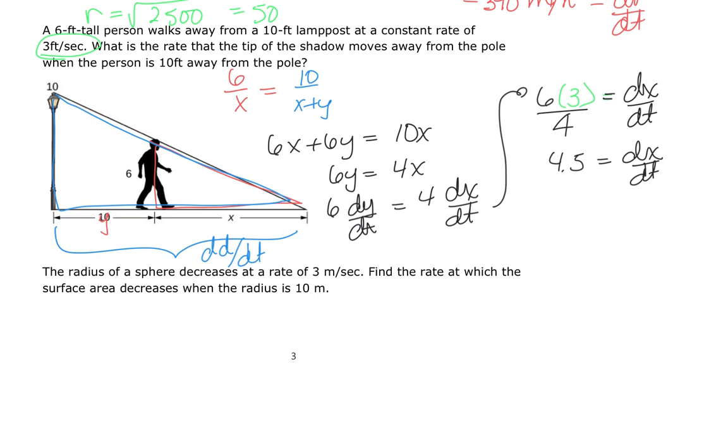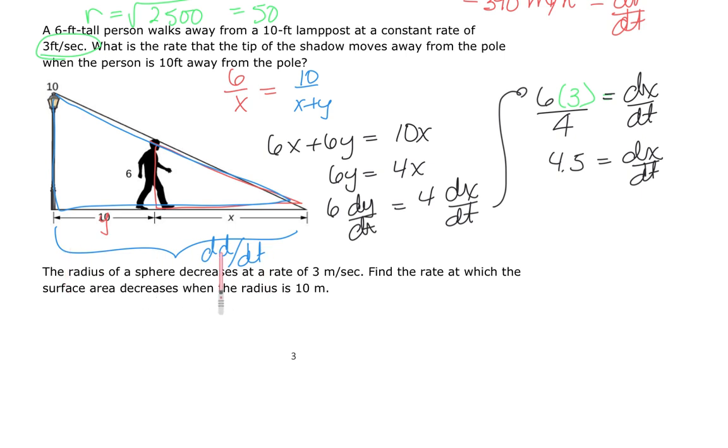I want to know the derivative with respect to time of this entire length, because I want to know the tip here, not how quickly the shadow is changing. This gives me the shadow rate, but I know what dy dt is.